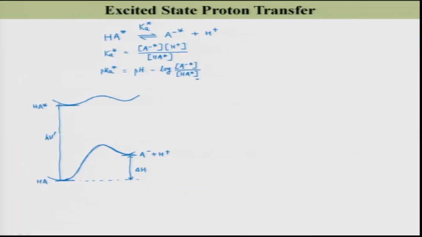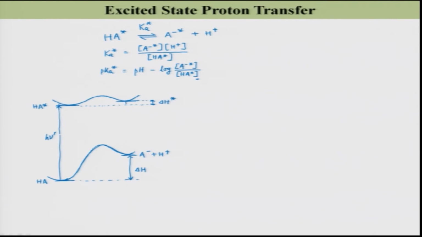So, you can excite the system from here to here, and this energy difference, let us say, is delta H star.